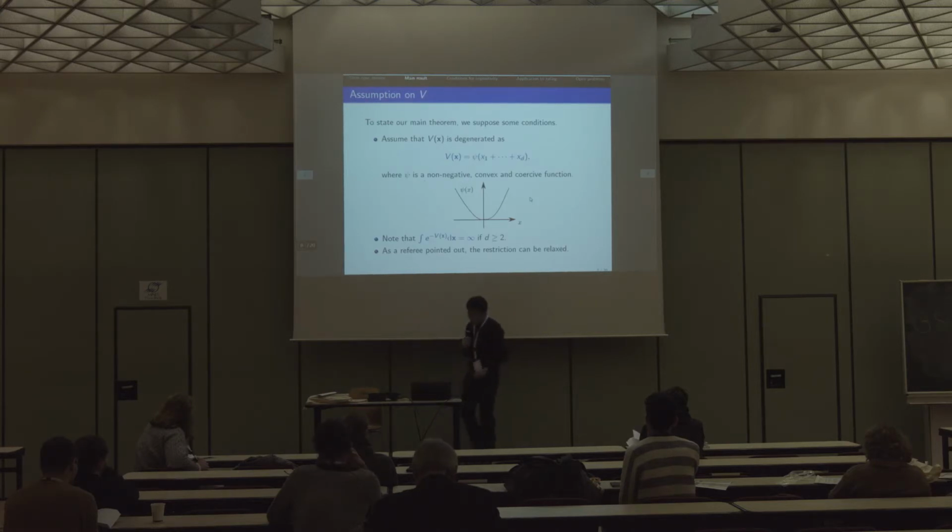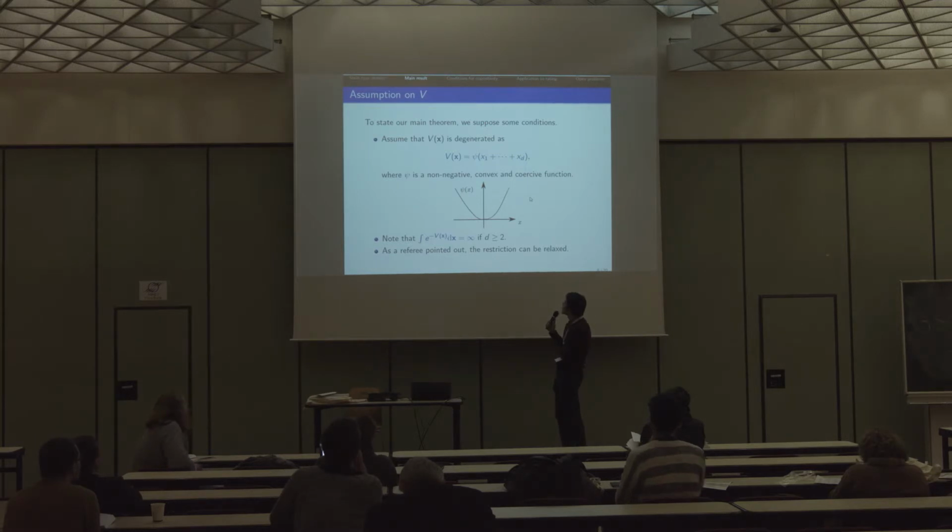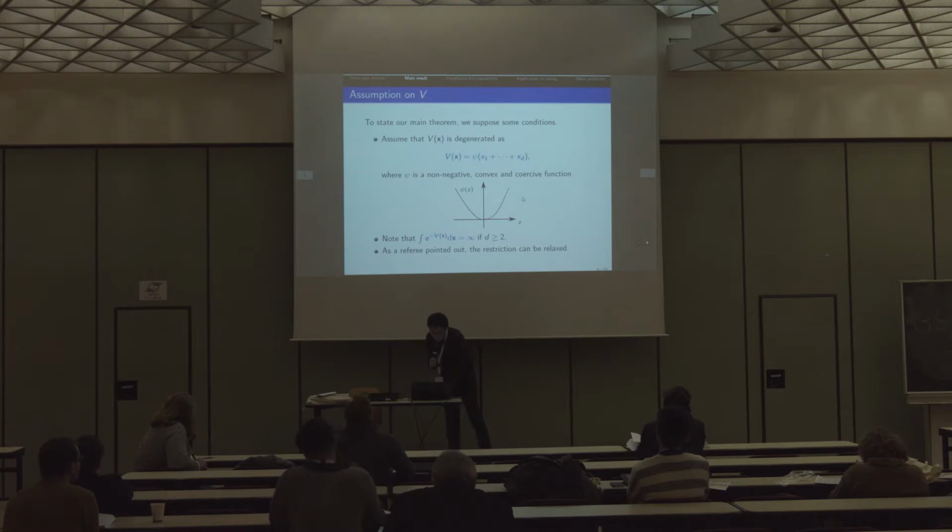Okay, now to state our main theorem, let us suppose some conditions. First, we assume that the function b is degenerated as follows. b of x is a function of the sum of its coordinates, where psi is a non-negative, convex and coercive function like this.